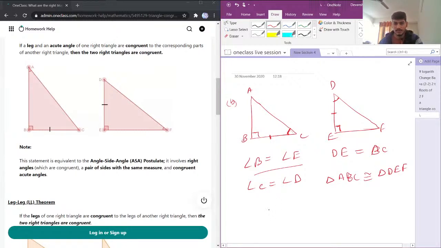Hence, my AB will be equal to EF, and AC will be equal to DF.